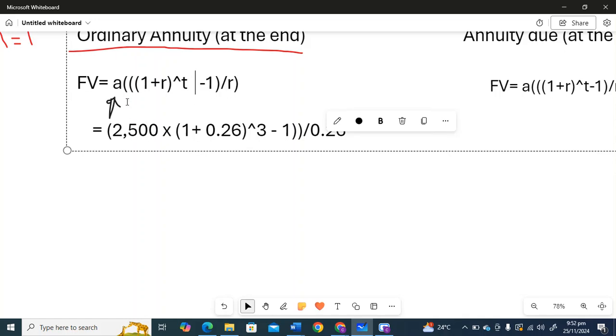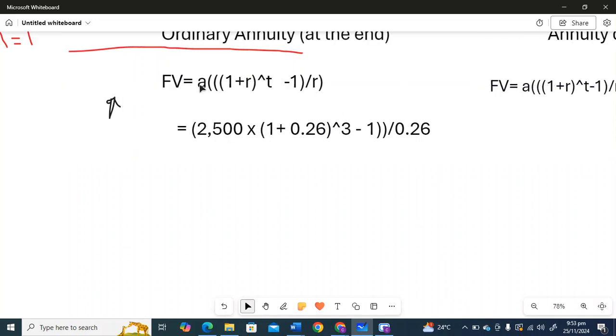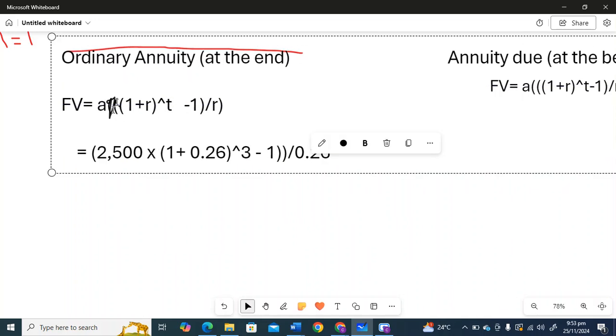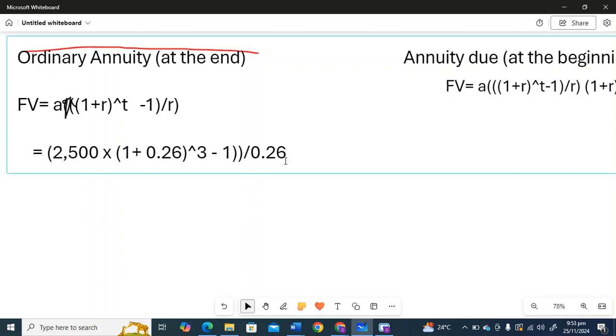That's how the formula is: A, open brackets, multiplied by 1 plus R to the power T minus 1, close brackets, divided by R. So this whole calculation here is divided by R.